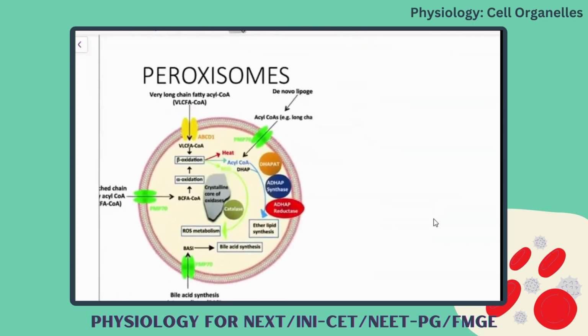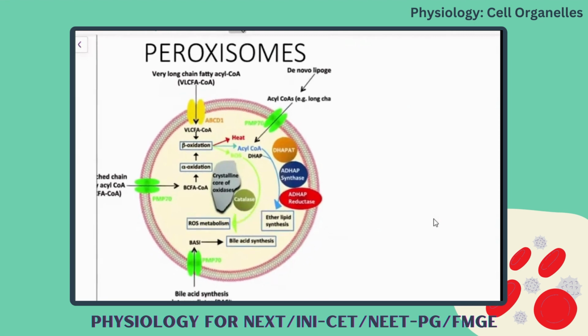And the next one is the peroxisomes. What is the main role of the peroxisome? Any idea? The peroxisome has a major role in the beta oxidation process, the beta oxidation of fatty acids.